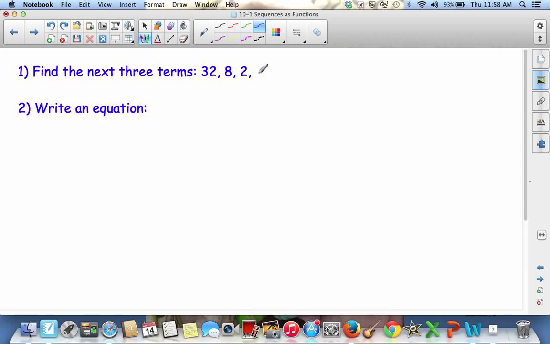Right, we're multiplying by 1/4. Dividing by 4 is the same as multiplying by 1/4. So I'll write that here, 1/4, 1/4. And the next terms would be 1/2, then 1/8, and then 1/32. That would be the next three terms.